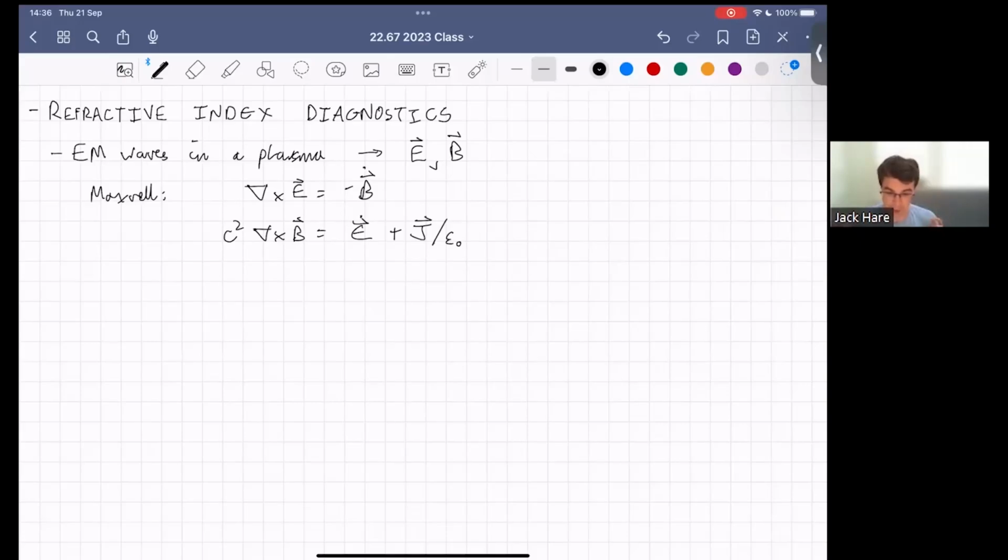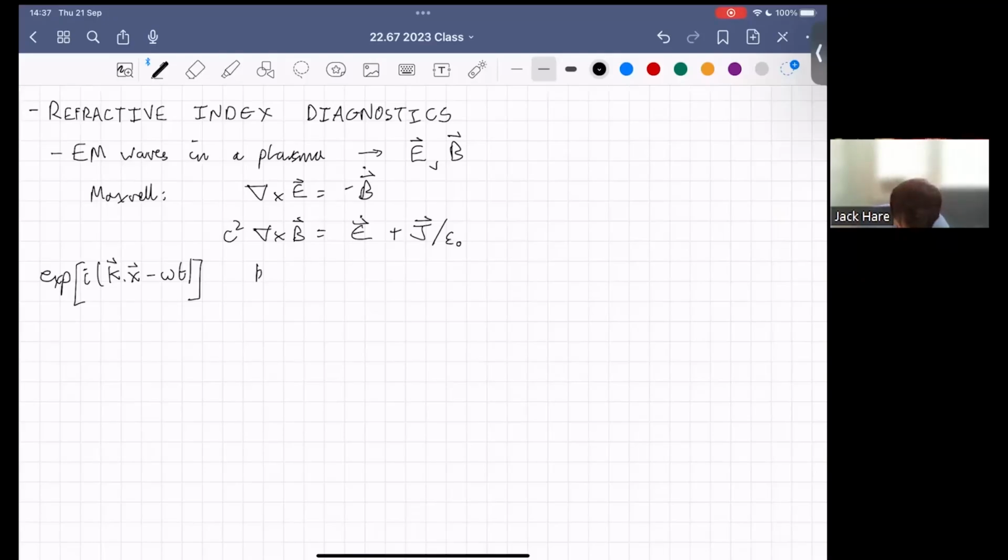So what we want to do is try and reduce them down a little bit and then put some plasma physics in. The first thing we normally do when deriving electromagnetic waves is to say, what if all of our vectors had some sort of time and space variation that looked like exponential of i times wave vector k dot position vector x, minus omega, the frequency, times time. This is a little bit like Fourier transforming our equations.